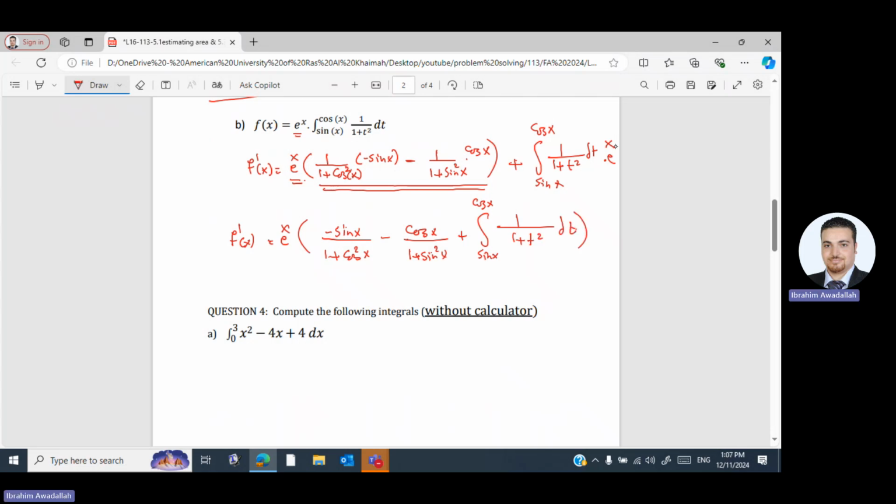Close it. I take this e as a common factor, so that's why here it is negative, here positive.